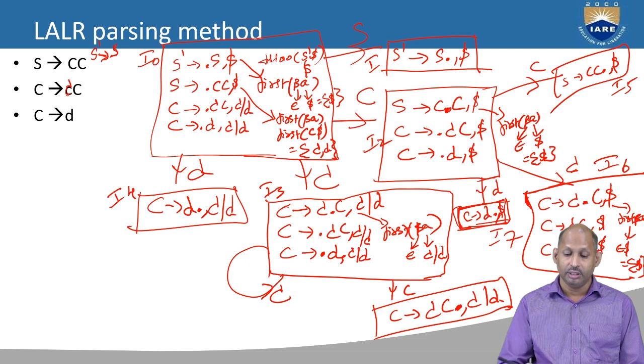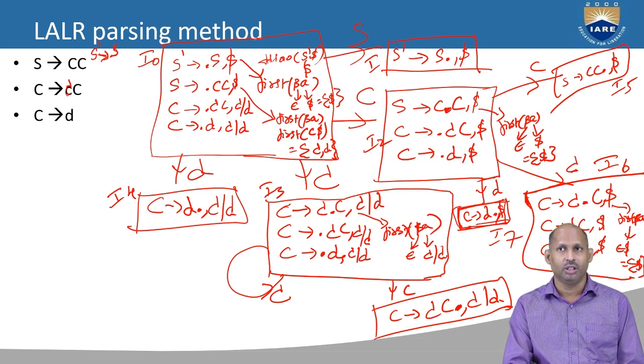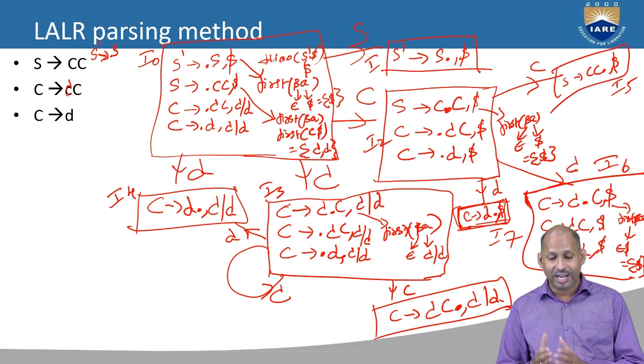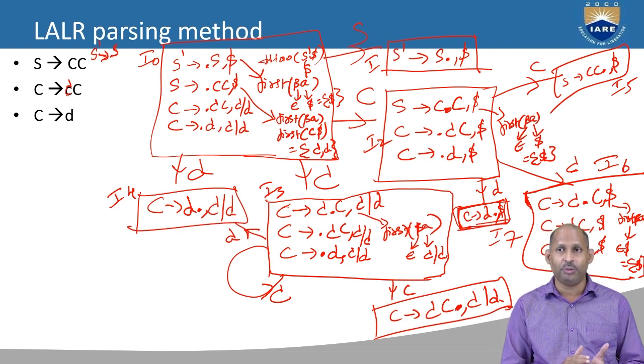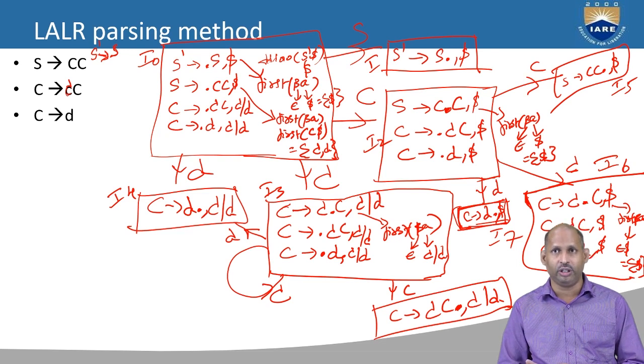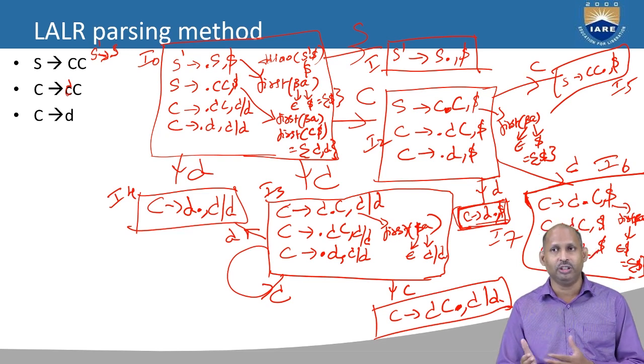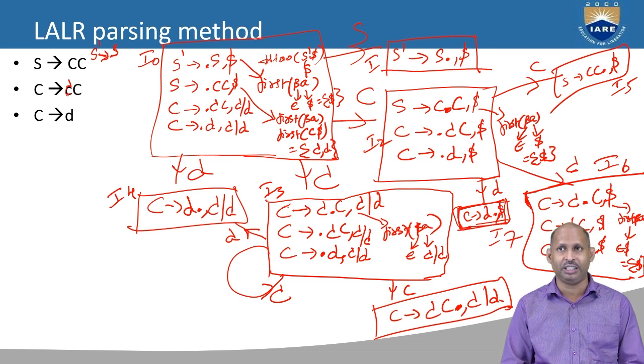Next, I3 on D. I3 on D will go to I4, because I3 on terminal D becomes D dot, the production of I4 only. If you observe, the lookahead symbol will also be the same.